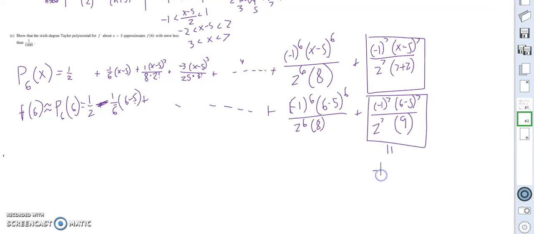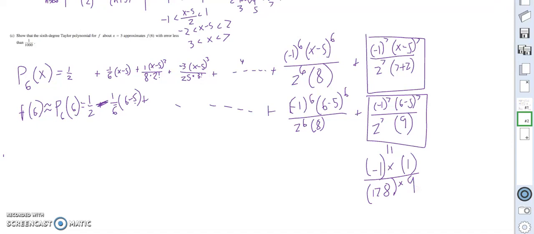That's equal to -1 times, and the -1 doesn't really matter because my maximum bound on my error, this first term I leave off, it's the absolute value I really care about. So -1 to the 7th is -1 times 1 to the 7th over 2 to the 7th times 9.